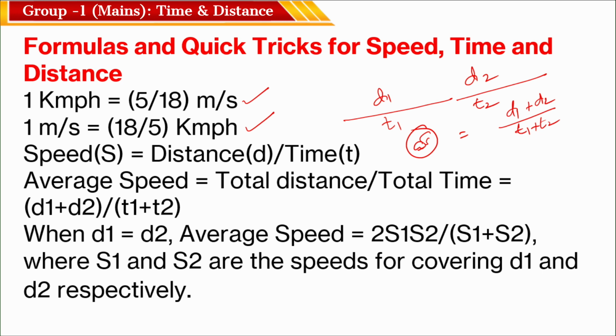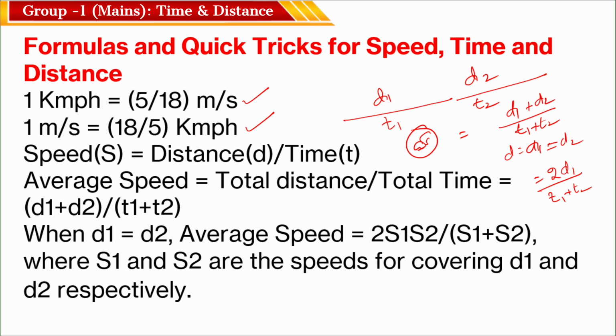Okay. For example, if the distance is the same, d1 is equal to d2, then what is the value here? Simply it is 2d by t1 plus t2, correct, 2d by t1 plus t2. Otherwise we can say it in another form.